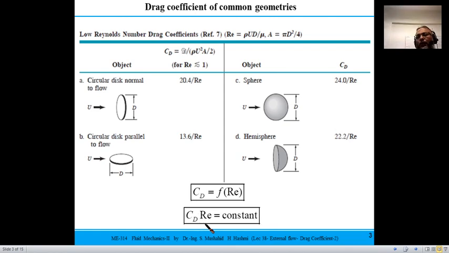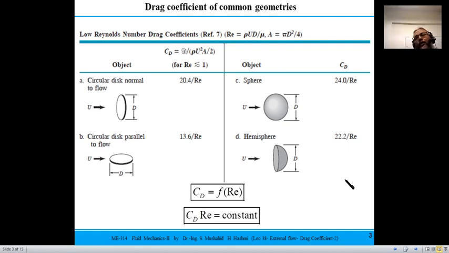This is an interesting result. For a given geometry at low Reynolds number, the product would be some constant value. For example, here the constant value is 20.4, here it is 13.6, here it is 24.0, and here it is 22.2.